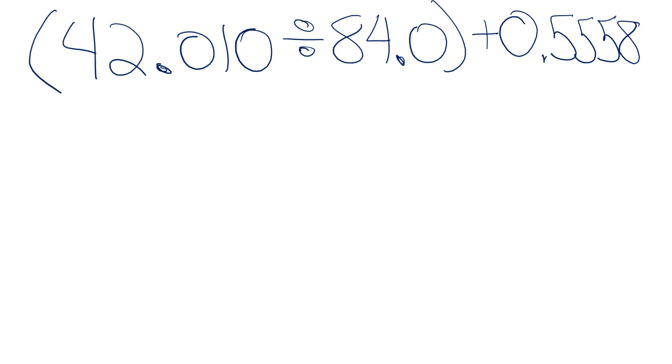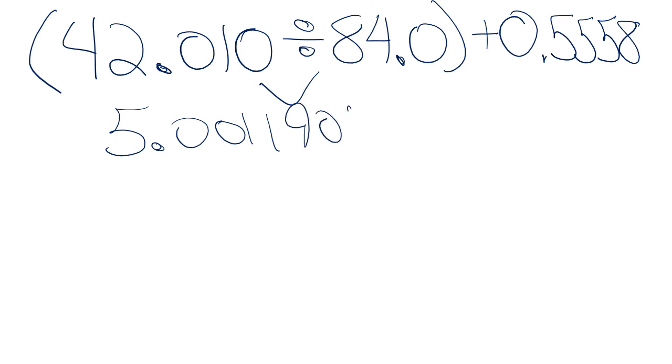So I struggle a bit trying to find the right words to explain this. So it's more so a matter of practice. As you know, we're going to solve what is in the parentheses first. If I divide those two numbers, I'm going to get 5.00119048.